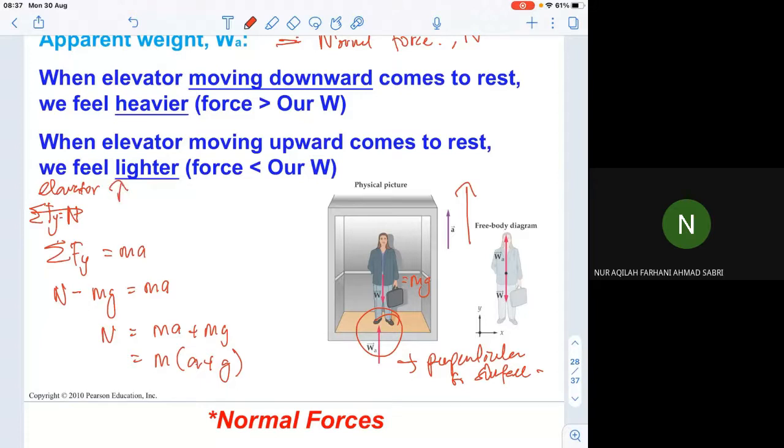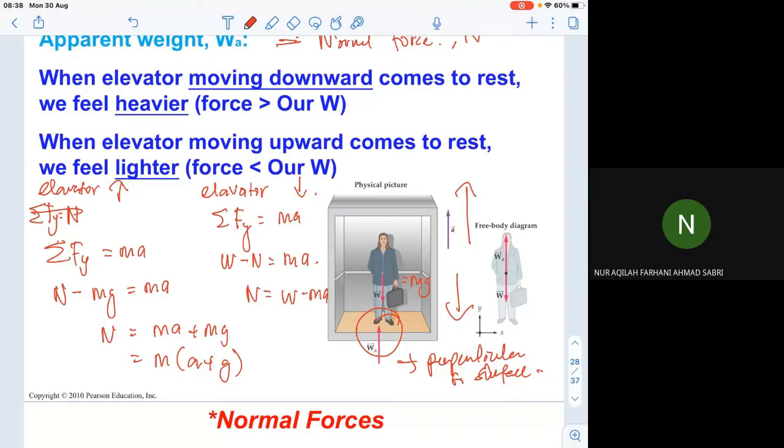What happens when the elevator is going down? It also follows from the summation of Fy equals ma. Right now the acceleration is going downwards. Look at it carefully. W minus N equals ma, and N equals W minus ma.